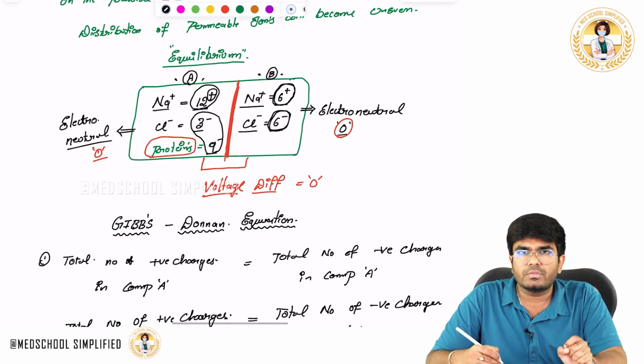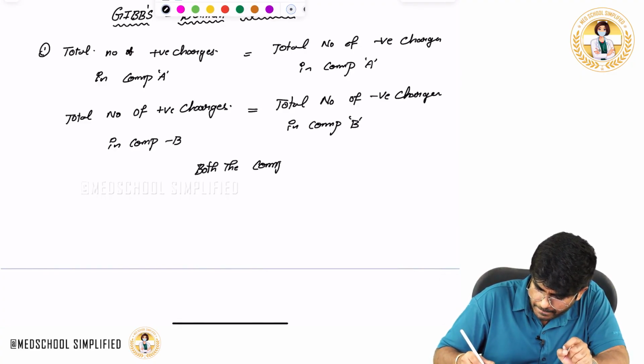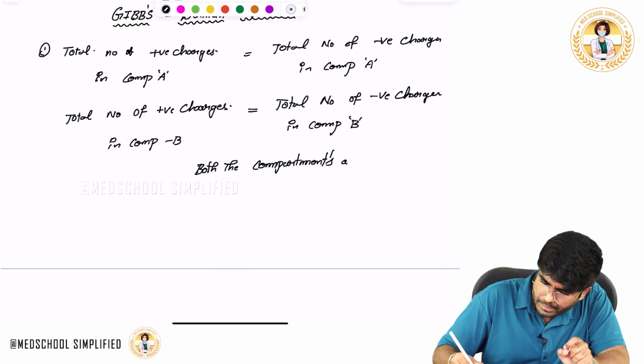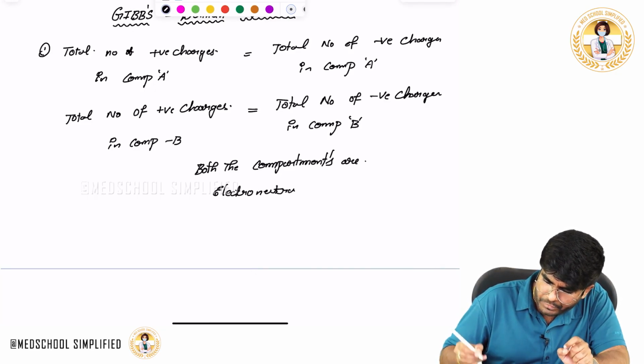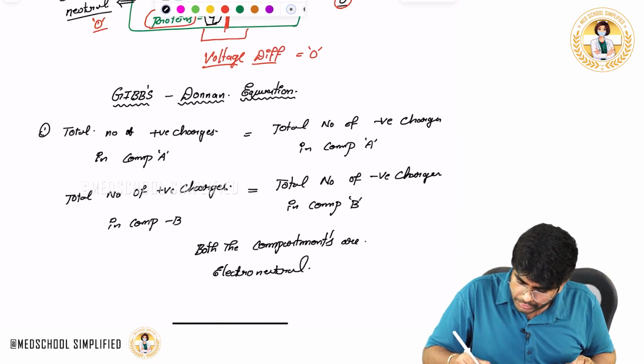So, 6 and 6. Both compartments are electroneutral, electrically neutral, no difference.